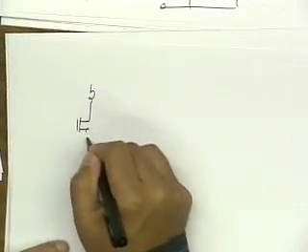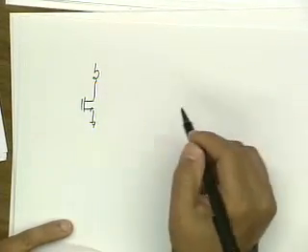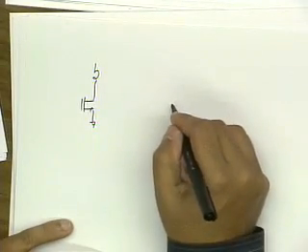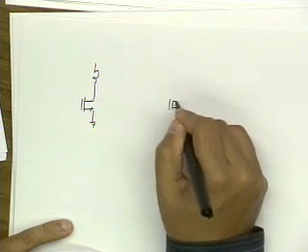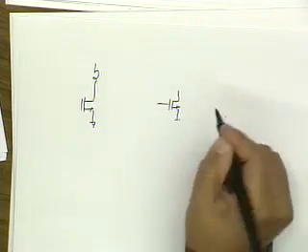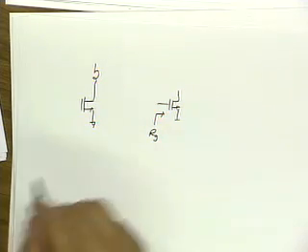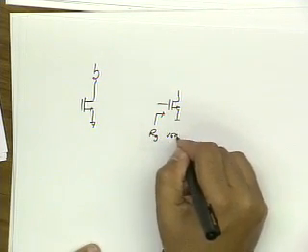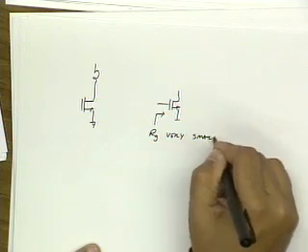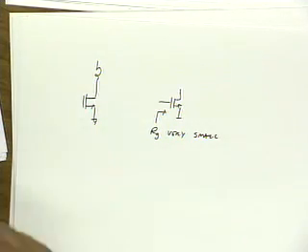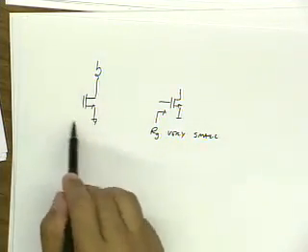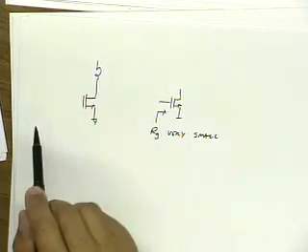So let's say, looking into here, RG is very small. I'd like to boost RG up so that it matches RO of the stage, so I get an impedance match between these two amplifiers.